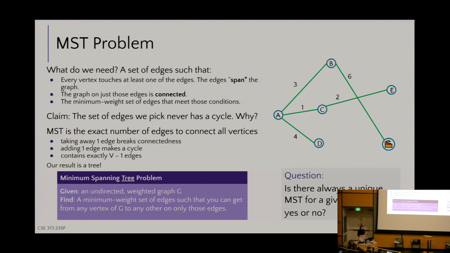Here's what I will also tell you. This set of edges, we are guaranteed, will never have a cycle. And in fact, we are guaranteed that it contains exactly V-1 edges. Do you remember when I brought this up in the shortest path problem with Bellman-Ford on Friday? I like to think of this as a fence post problem, where the vertices are the posts and the edges are the fence between them.